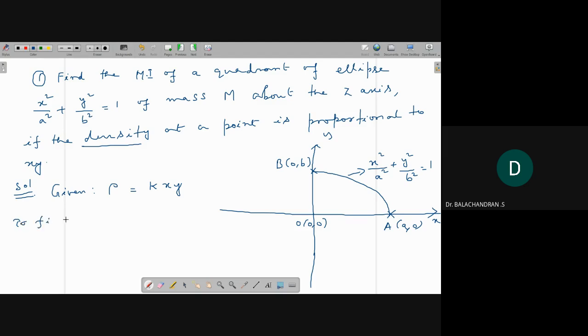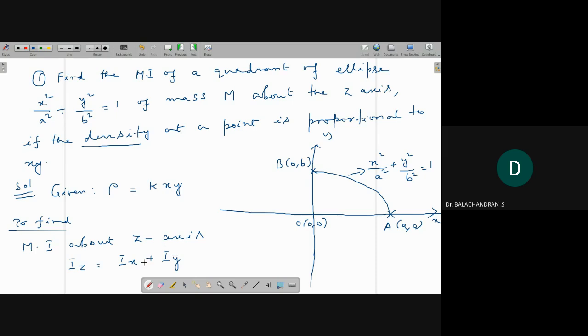We need to find the moment of inertia about z-axis, that is Iz equal to Ix plus Iy.